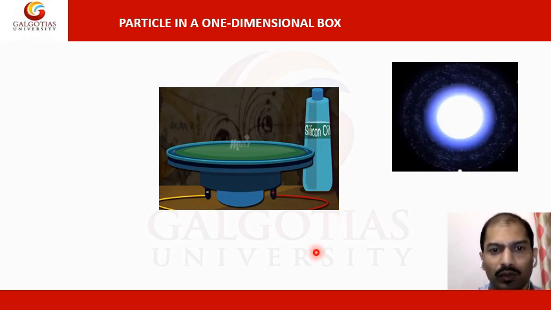After some time, whether the cat will be alive or not depends on the probability factor. Either the radioactive material hits and the poison is released and the cat can die, or the radioactive material does not release, so the cat will be alive. So this is a hypothetical experiment.